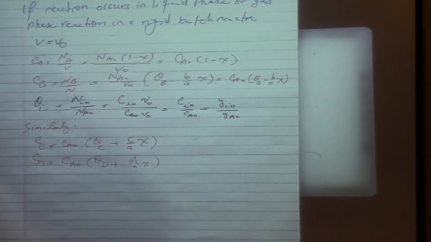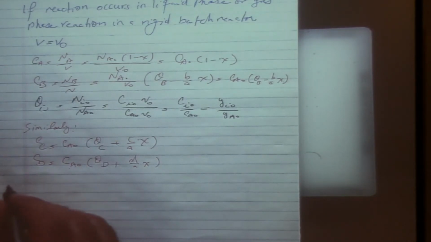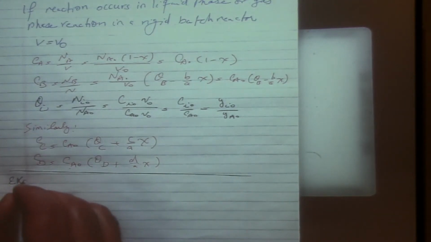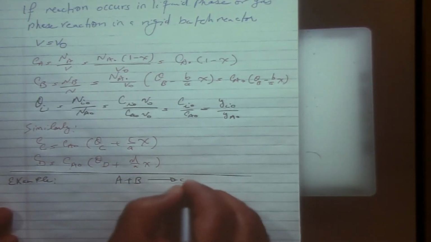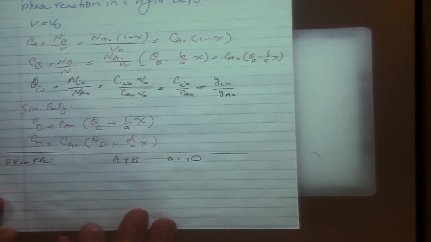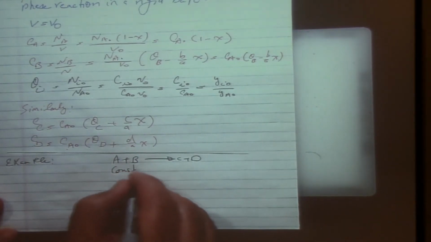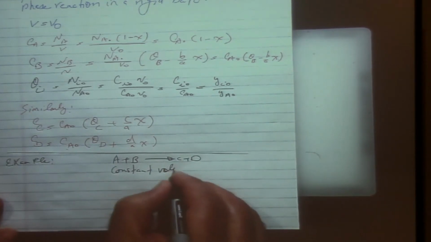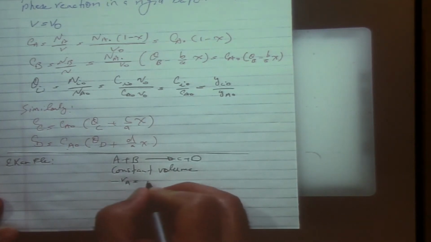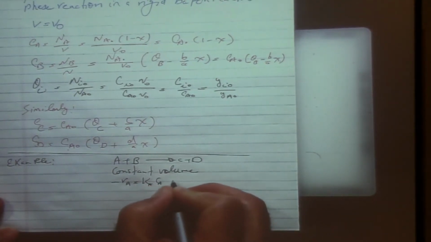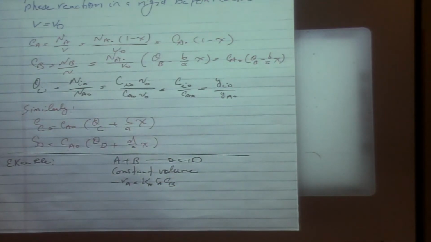Anyway, let's do, for example, the constant volume, the same reaction. Let's assume we have A plus B gives C plus D, and we are dealing with a constant volume. Let's assume that our rate of reaction or kinetics is kA CA CB, which is an elementary type reaction.